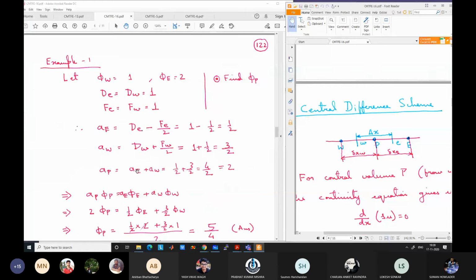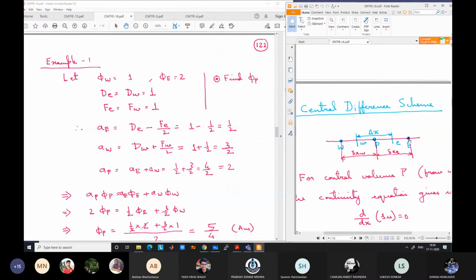Let us try to look at a couple of very small examples to see the issues with central difference scheme. So say after some calculation, we have arrived at a situation in our solution process where we know the values of phi w and phi e.